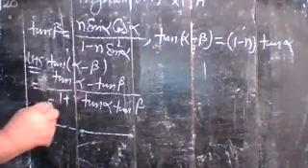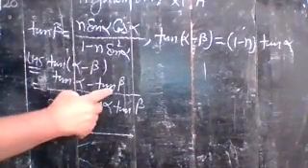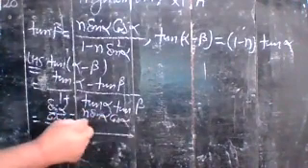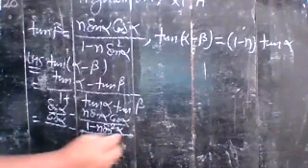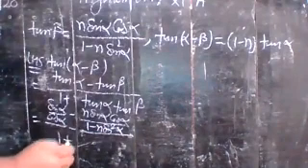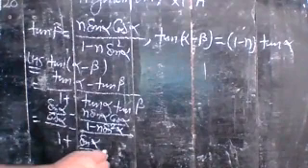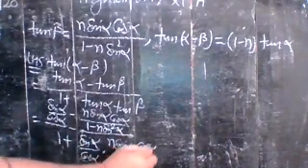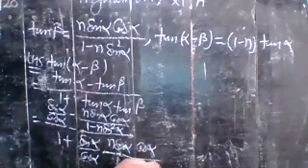So tan alpha is equal to sine alpha upon cos alpha minus the value of tan beta, n sine alpha cos alpha upon 1 minus n sine square alpha, upon 1 plus sine alpha upon cos alpha into value of tan beta, n sine alpha cos alpha whole divided by 1 minus n sine square alpha.